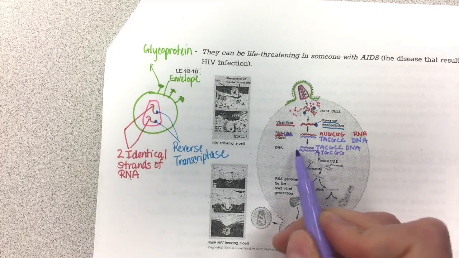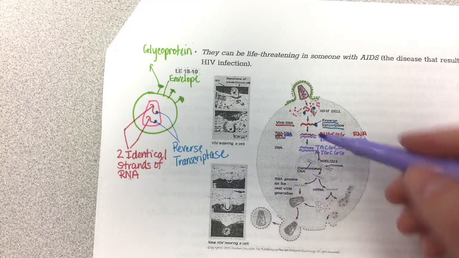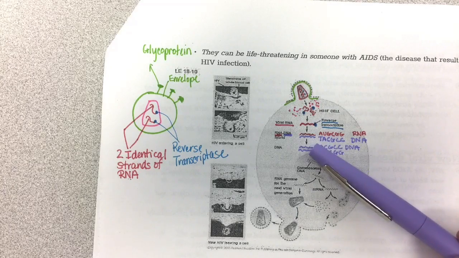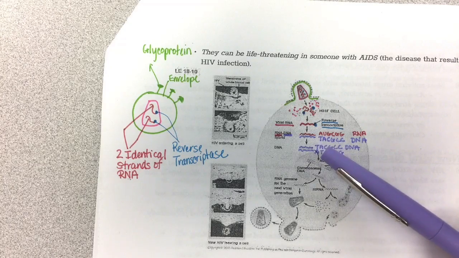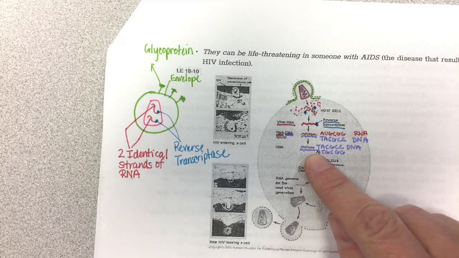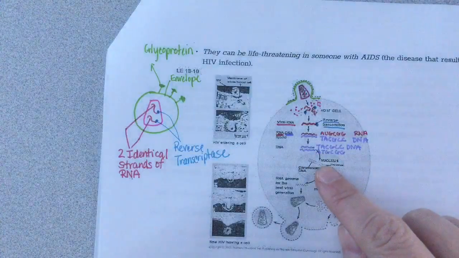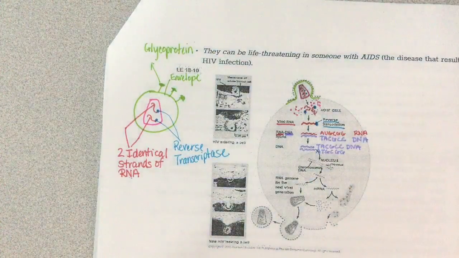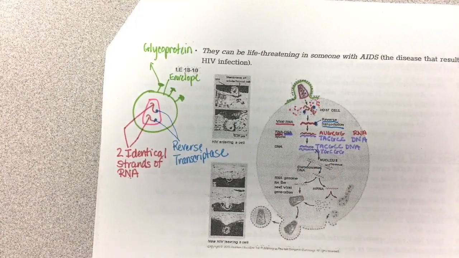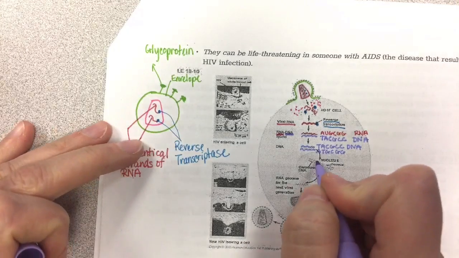Now we have a double-stranded DNA with the coding pattern that was in the RNA of the virus. That DNA is the same genetic material that we use. Now look at what happens next: that DNA gets incorporated, goes into the nucleus, and becomes part of our DNA. I used purple here, so we're going to look here.